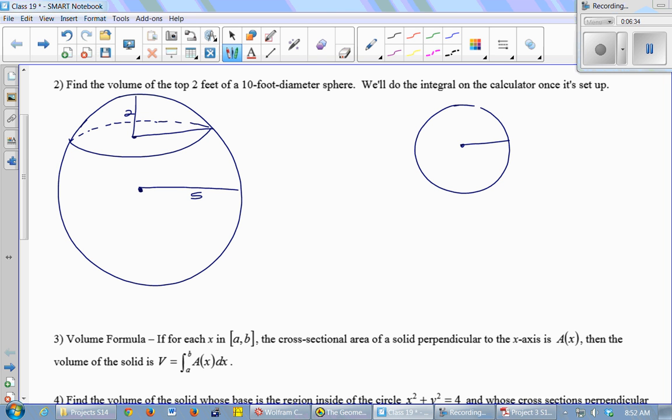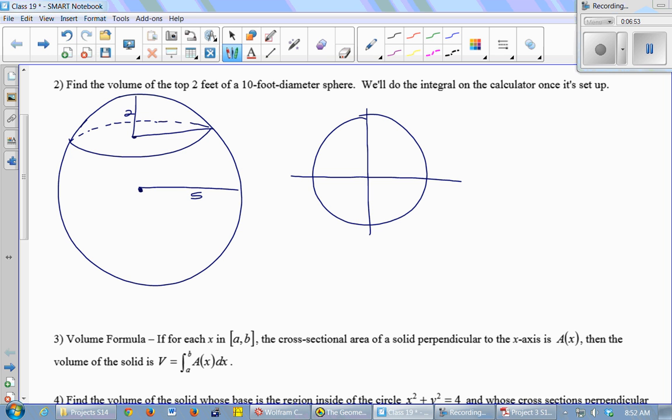All right, so what I'm going to do is sketch a 2-dimensional picture of what's happening here on the XY plane, like slice this sphere right down the middle so I can look at the middle of it 2-dimensionally. So I'm slicing it vertically right down the middle.